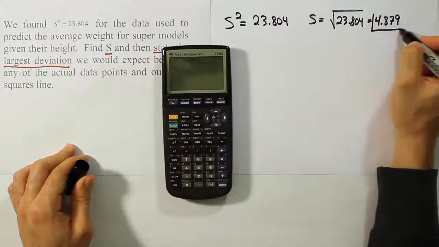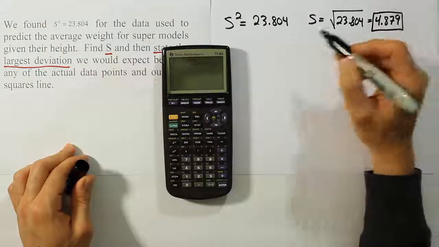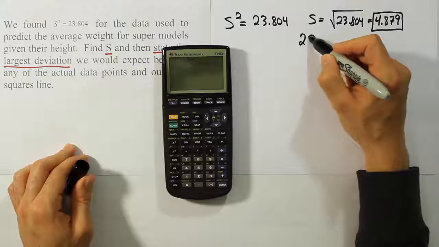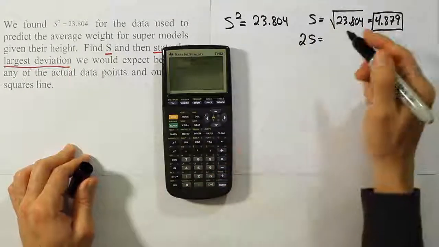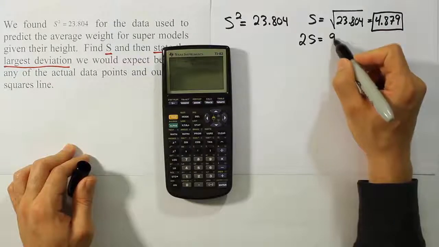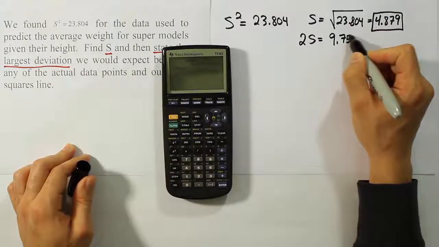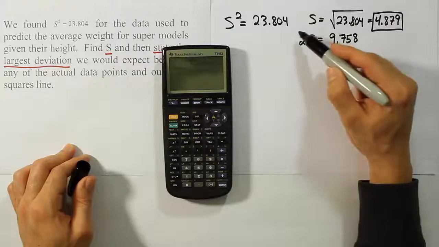Now, once we have that, I want to calculate a value 2s, 2 times s. So I'm going to do times 2. That's 9.758 if you do twice s.